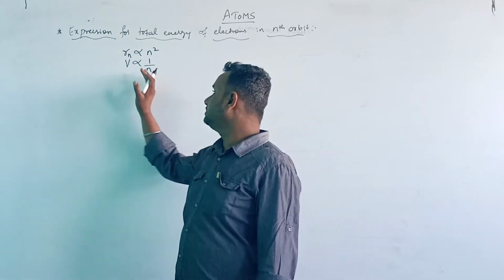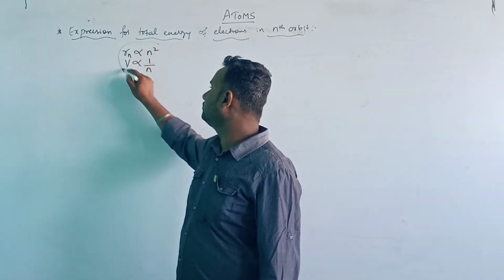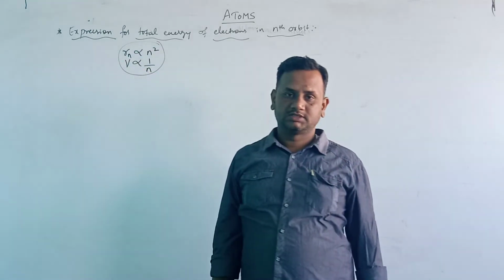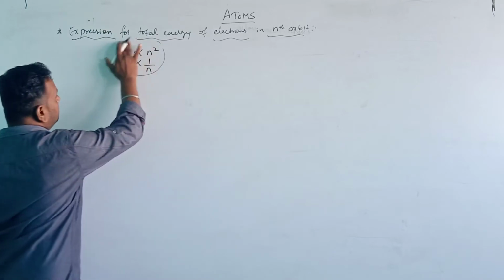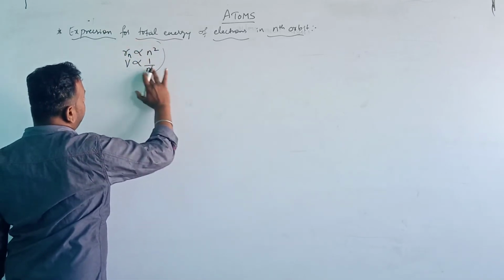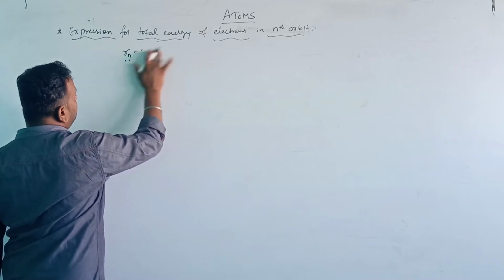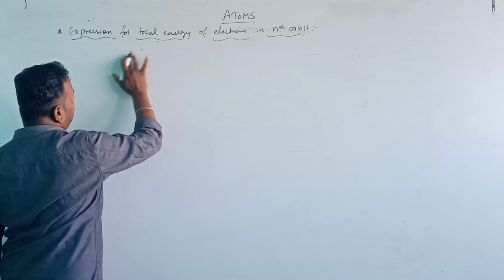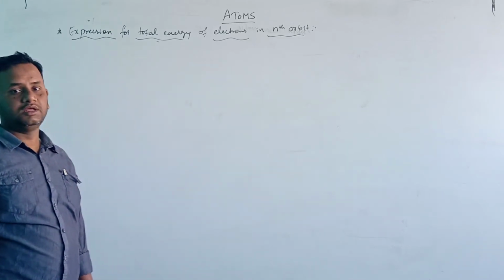Here n is indicating the orbit number. So this is what we came to know from the two derivations. Right. Now in today's class, let us derive an expression for total energy of the electrons in the nth orbit.